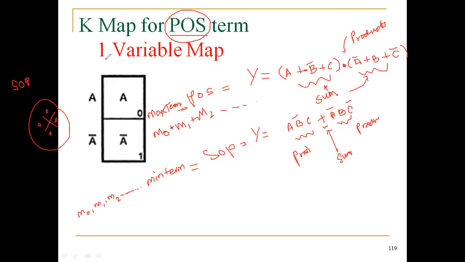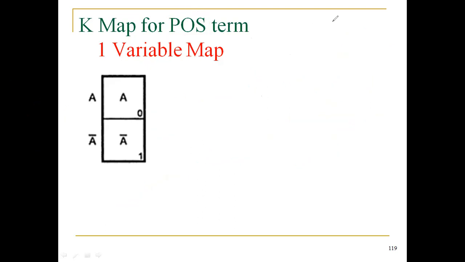Again, one variable, two variable, three variable, four variable, similar to the previous SOP. For the one variable map, according to the formula 2 power n, n equal to 1 here, so two forms: A and A bar, 0 and 1. Its max term representation is capital M0, M1.